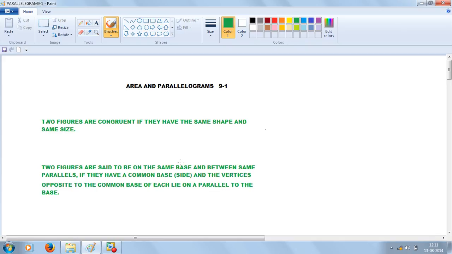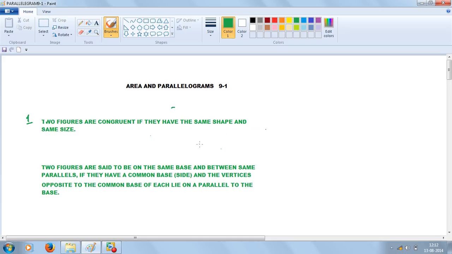First we will see when two figures are congruent. What is meant by congruent? If they have the same shape and size, then they are congruent.